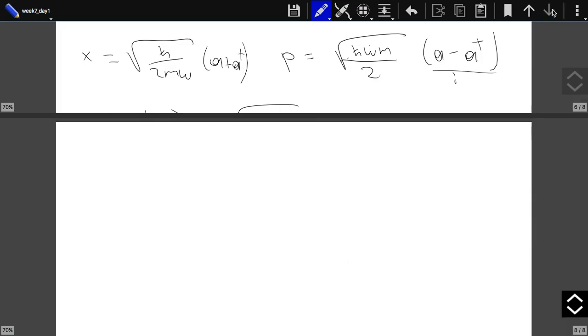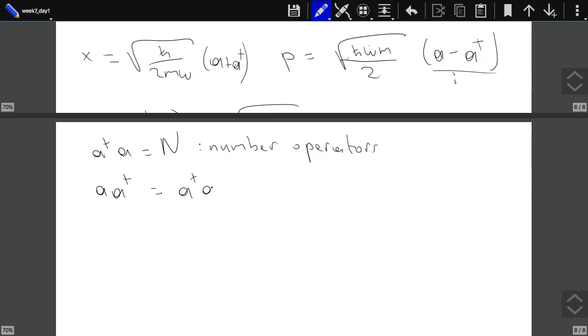And we also know that a†a is the number operator. This is called the number operator. It corresponds to the number of energy packets in my oscillator. And a a† is basically a†a plus a a† minus a†a.